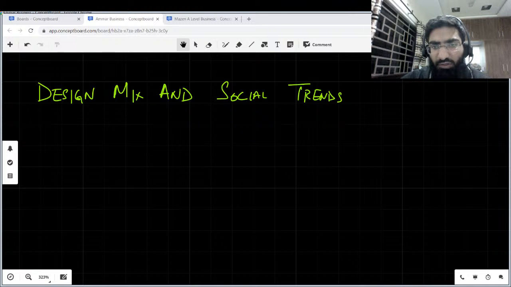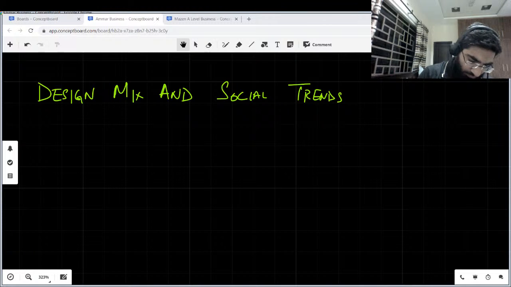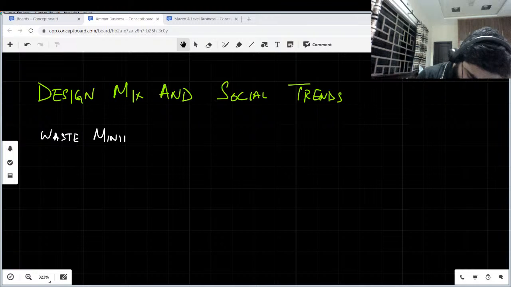So, for example, the main thing that you're trying to achieve through your design could be waste minimization. This is called design for waste minimization. Let me write that down. Waste minimization.